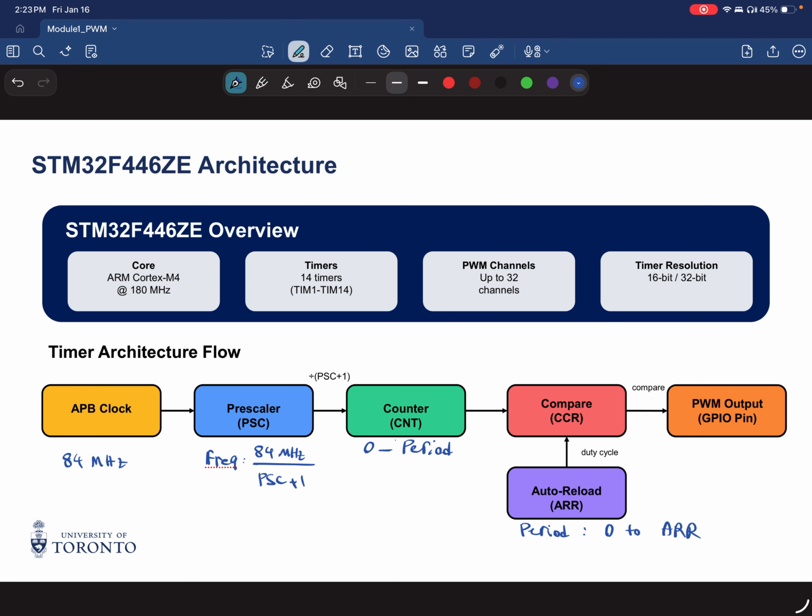We'll talk about how this defines our resolution: the resolution of the duty cycle, and therefore the resolution of the output voltage.